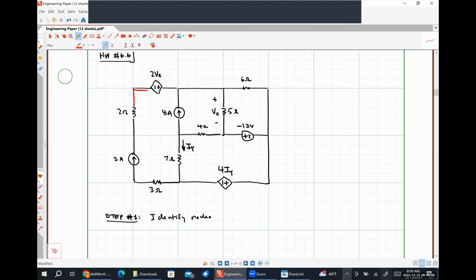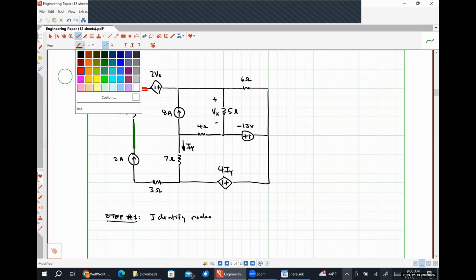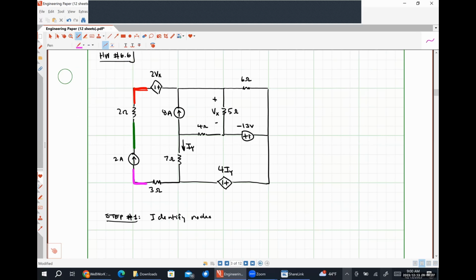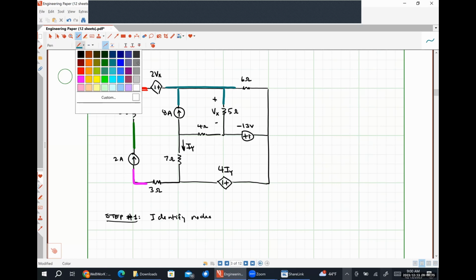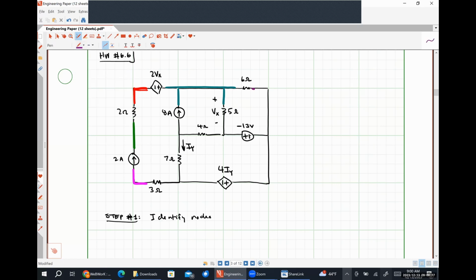So we've got one node up here. We've got a node right here. A node down here. We've got this node. This node.